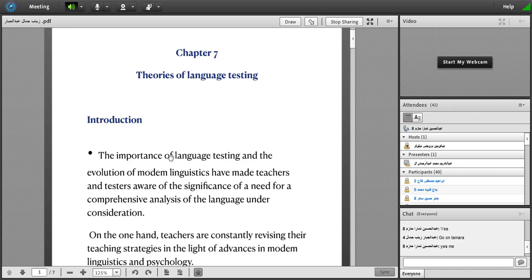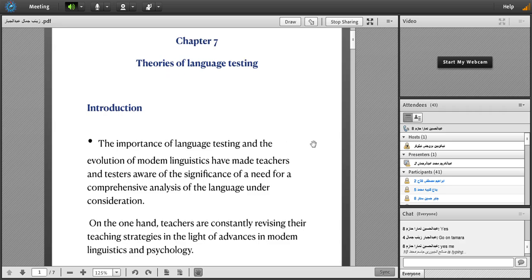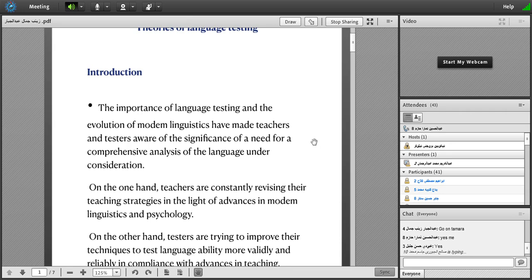Theories of language testing. The importance of language testing and the evaluation of modern linguistics have made teachers and testers aware of the significance of a need for comprehensive analysis of the language.